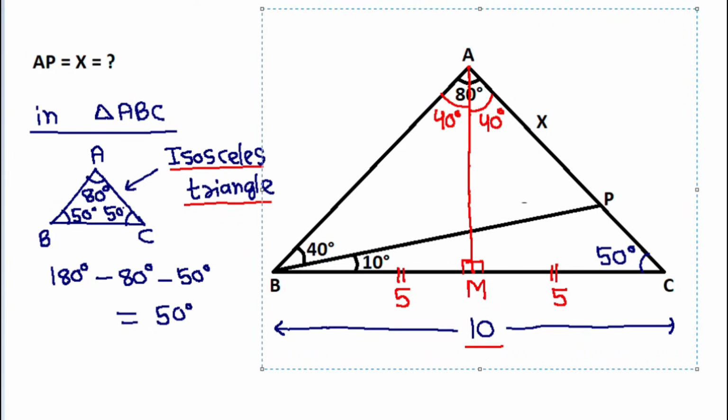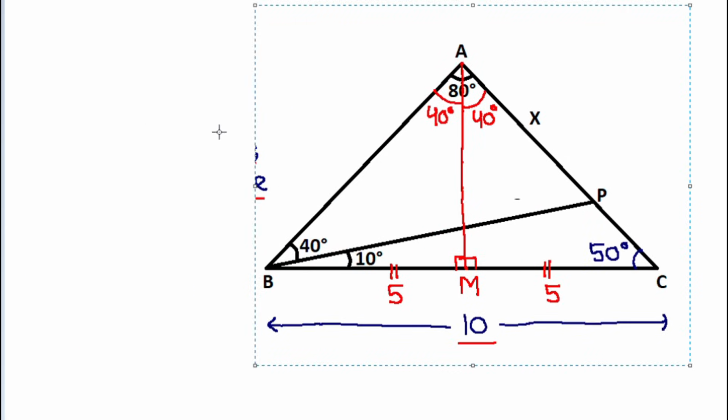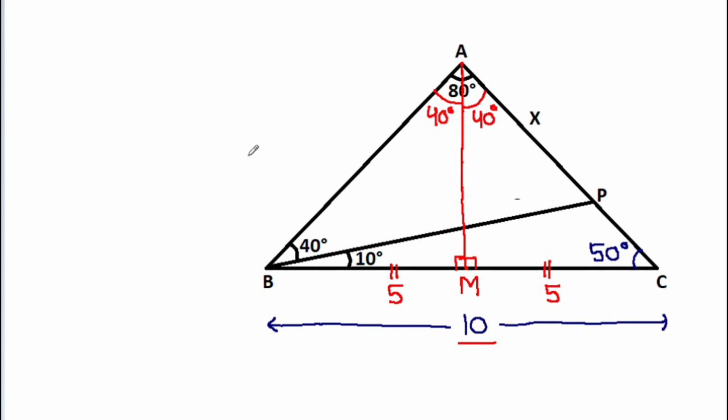And now from point A, if we make a perpendicular on BP, suppose this point is Q, then this angle, it will be 10 degrees plus 50 degrees, that will be 60 degrees.